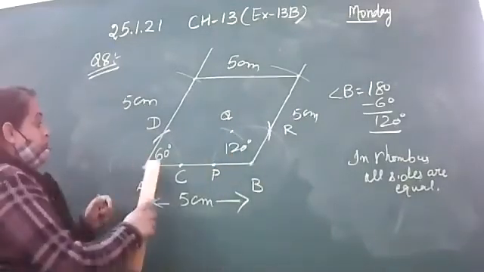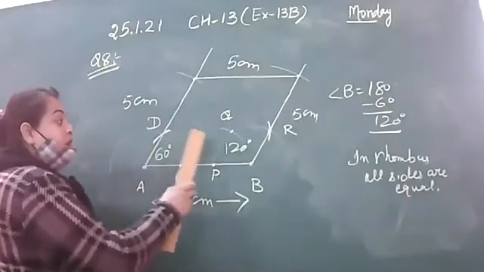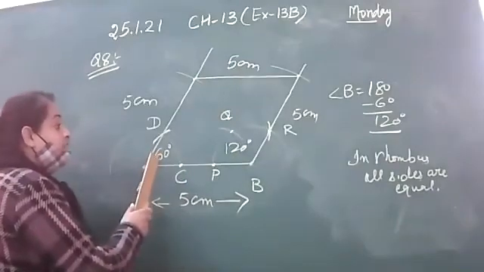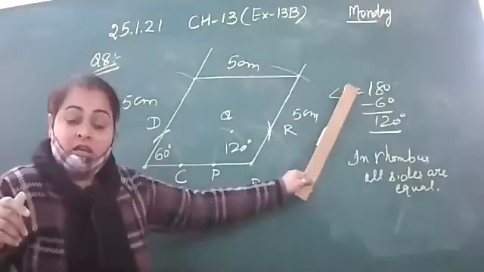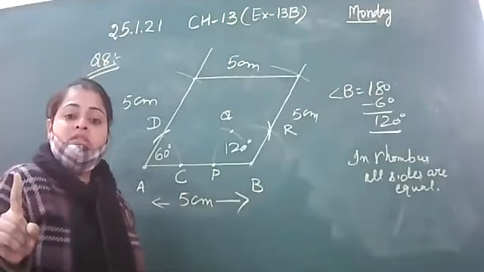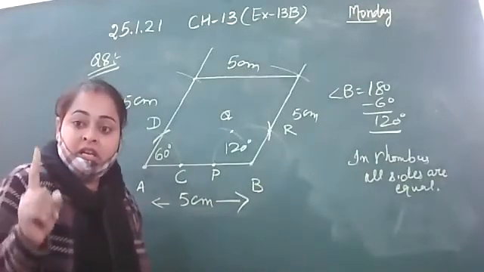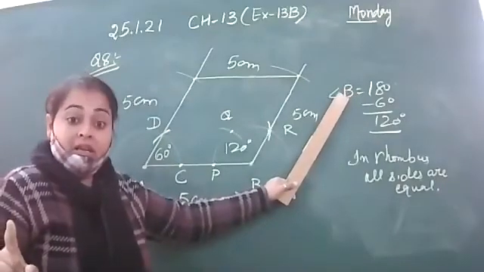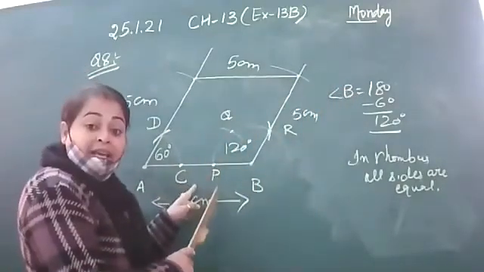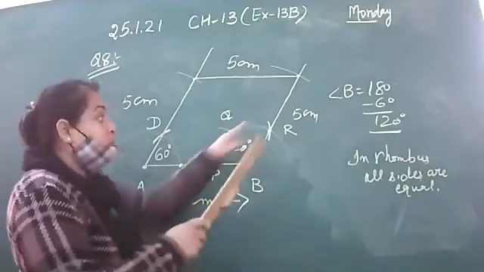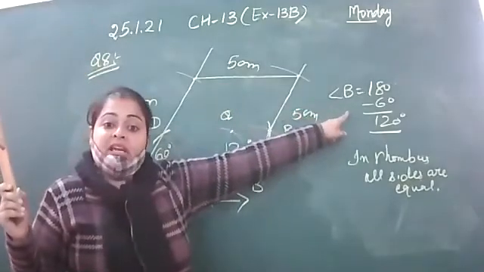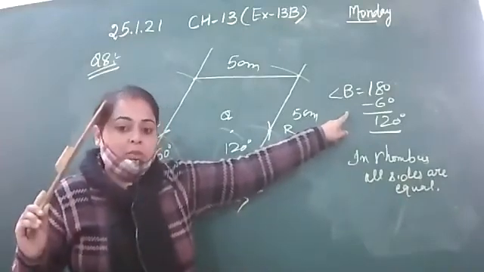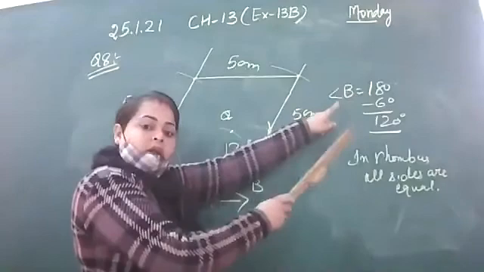If one angle is given, then you can easily find the other after subtraction of this angle from 180 degree. Always do the subtraction from 180 degree. This is the property of quadrilaterals. Fine. And note down, this property is applicable in rhombus. I will explain further later, but for now keep in mind this is for rhombus.